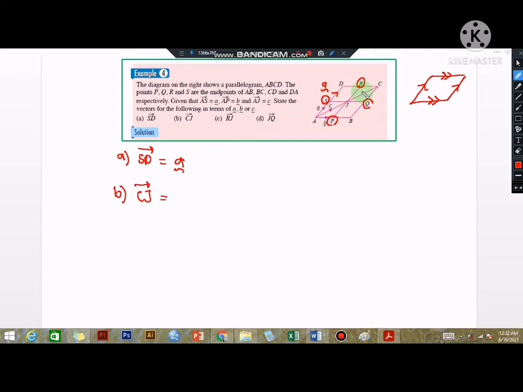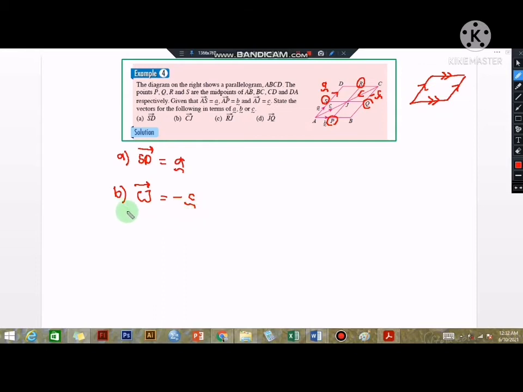The direction here is opposite to the direction of AJ, but the magnitude is equal. Because AJ and CJ are in opposite directions, the answer will be negative vector c.